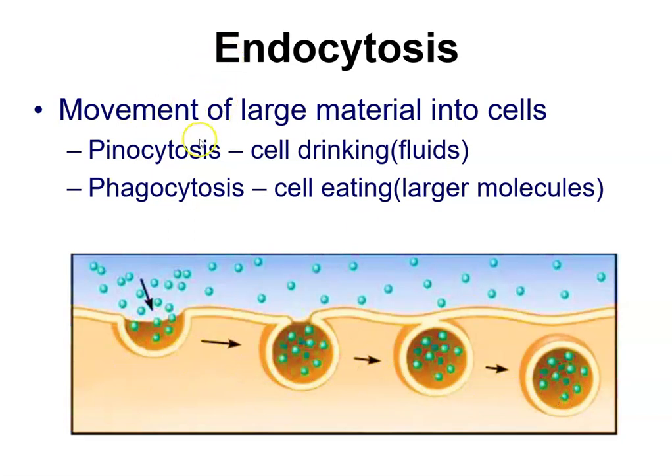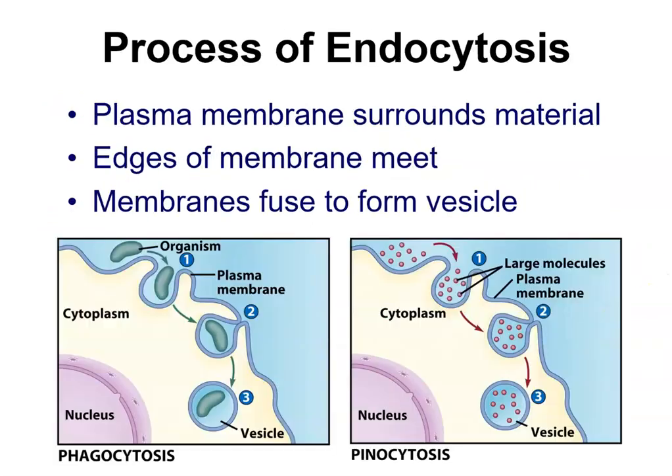There are two types of endocytosis. One is called pinocytosis, and that is really fluids, and the other is phagocytosis, and that is larger molecules. They say pino is like cells drinking, that's more of a fluid, and phago is larger molecules that need to go into the cell. So basically the cell kind of eats it, is what it looks like.